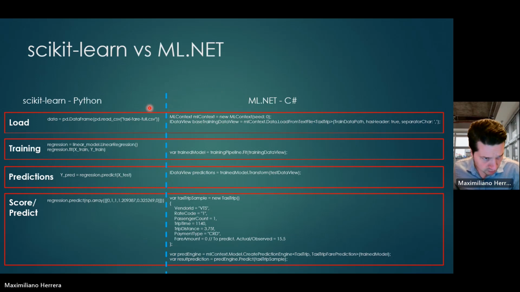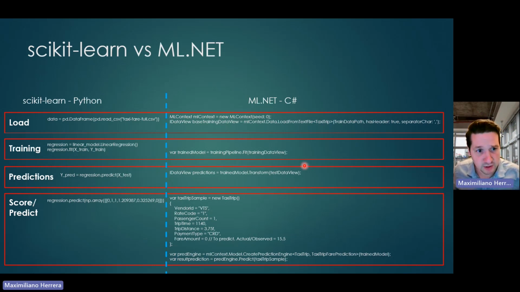Okay, so now to do the same thing to load a dataset, here we call the load from text file, and we pass in a generic method a class, which is a type, a TaxiTrip. This TaxiTrip basically has properties that match every column on the dataset. So that's a problem, because with this approach, you need to define a class for every dataset you would like to load.